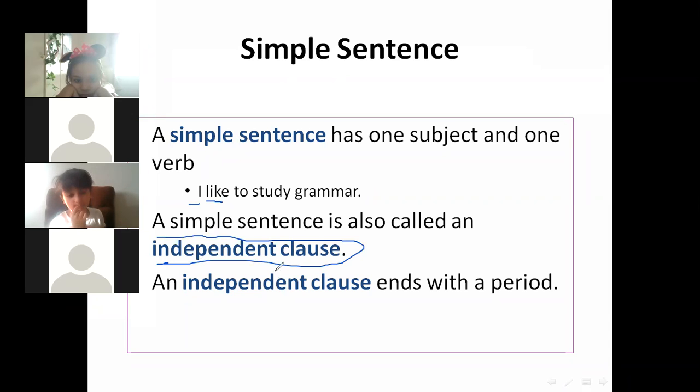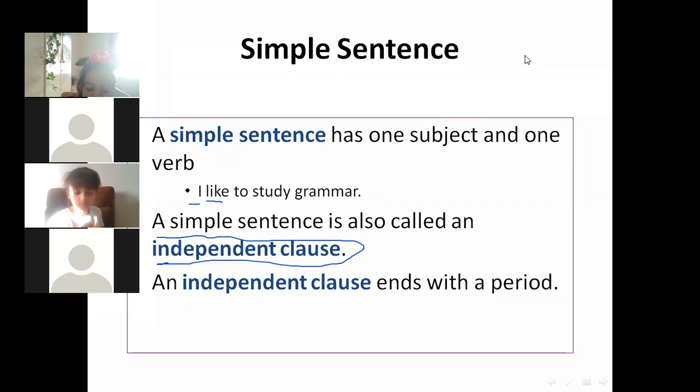If you are an independent person, that means you can stand alone and you can do whatever you want by yourself. So the independent clause can stand alone. It doesn't need another sentence to help it or to stand with it.